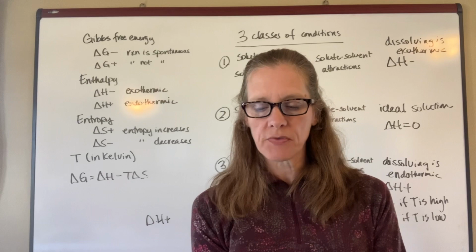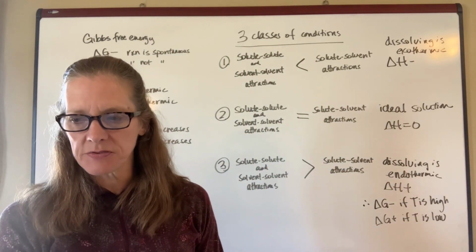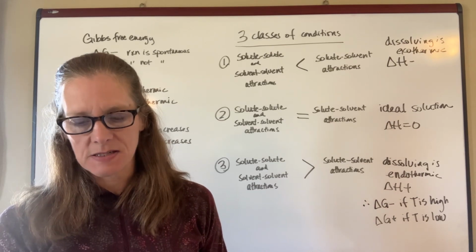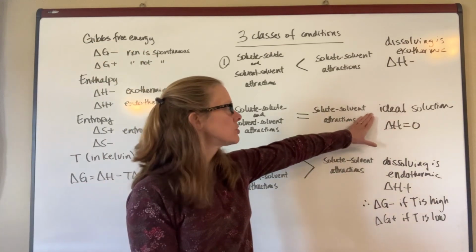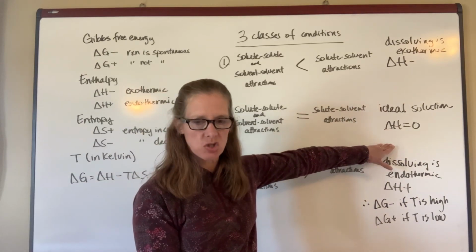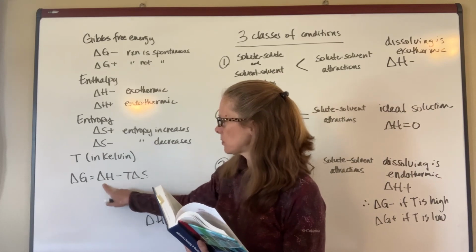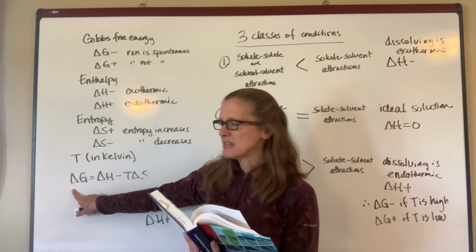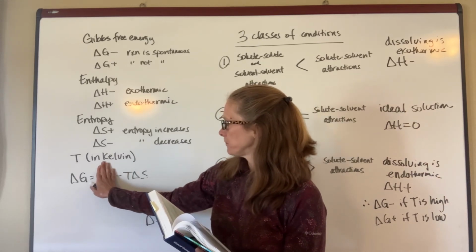In the formation of an ideal solution, is delta S positive or is delta S negative? Okay, so an ideal solution, we said that delta H is equal to 0. Well, if this is equal to 0 and I need this to be negative, so this is basically going to drop out.